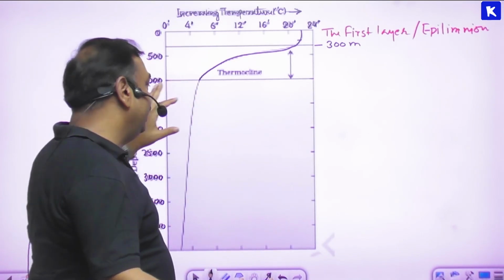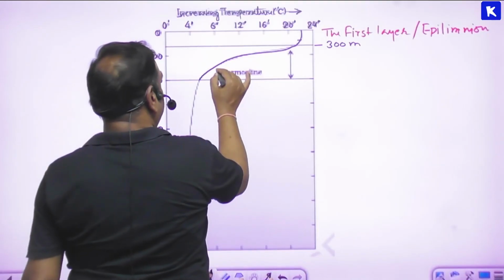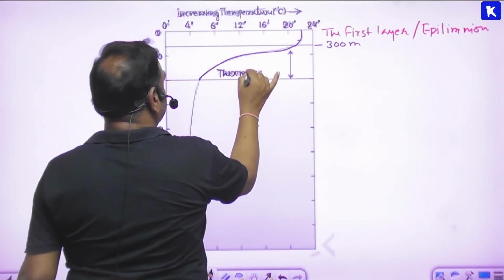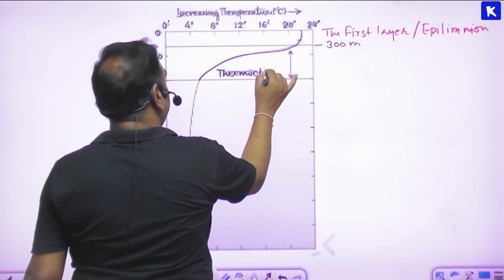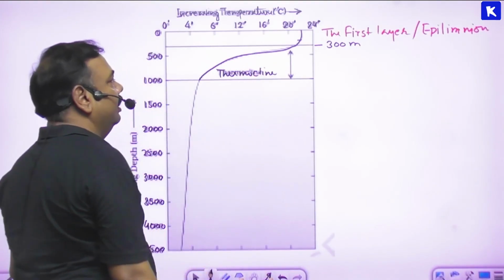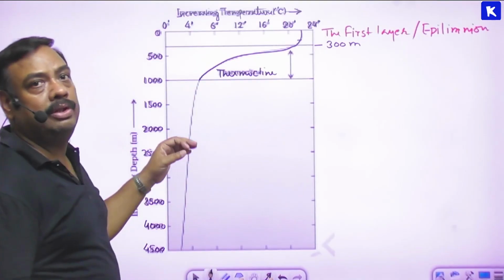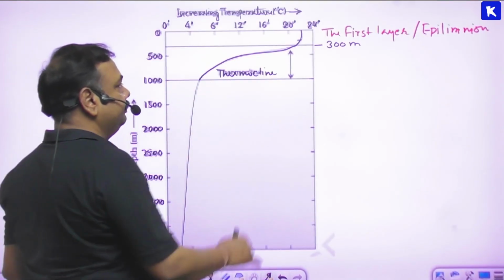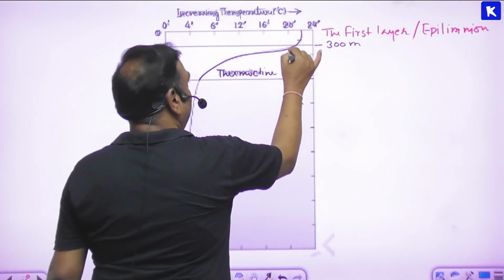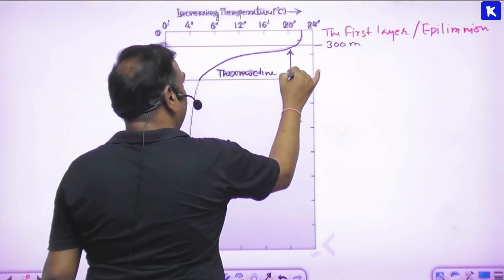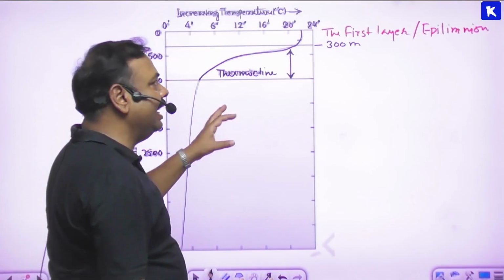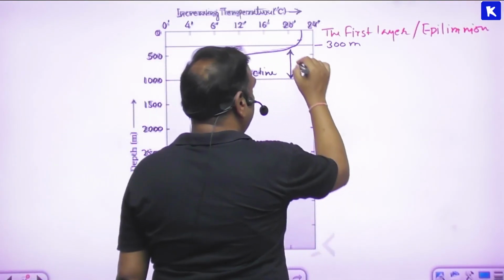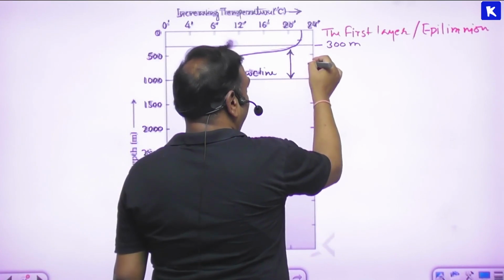So the major thing is that this part, where the temperature is decreasing at a very rapid rate, has a term to define this layer. It is written as the thermocline layer. In your NCERT book, this second layer is defined as the thermocline layer. What is the characteristic of this layer?